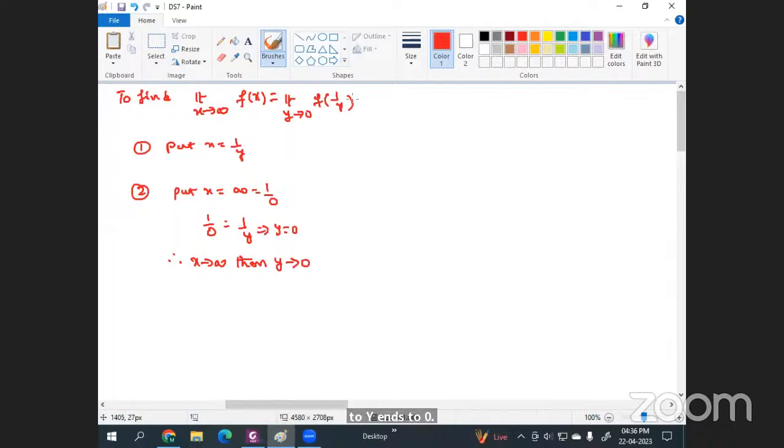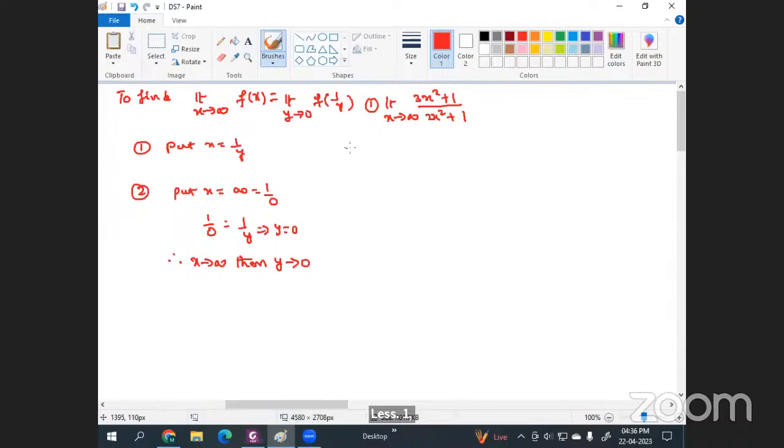So I'll take one example here. The first one is limit x tends to infinity of (3x square plus 1) by (2x square plus 1).